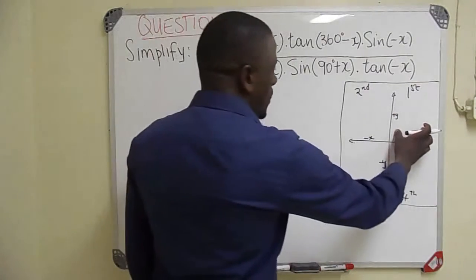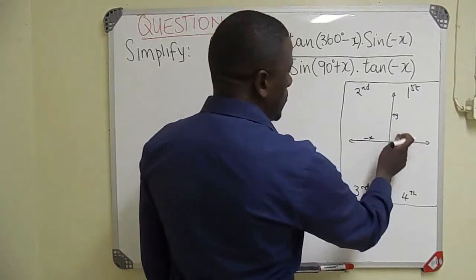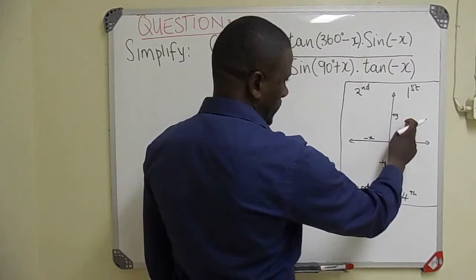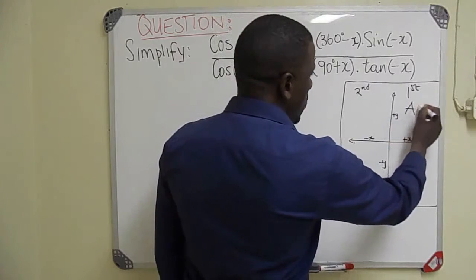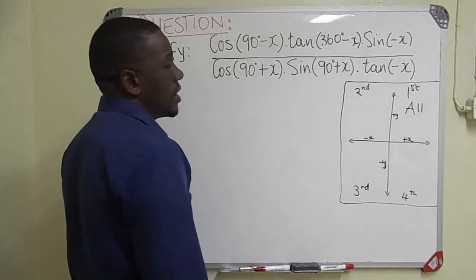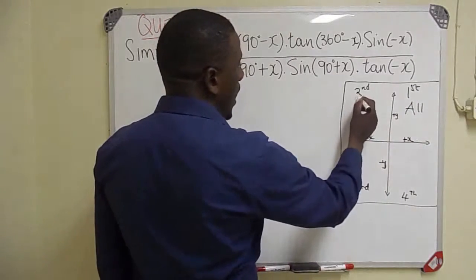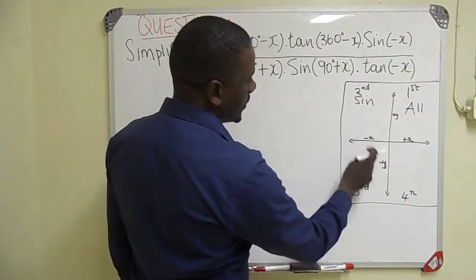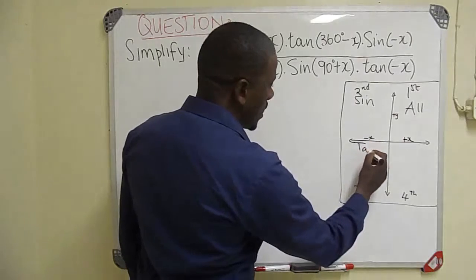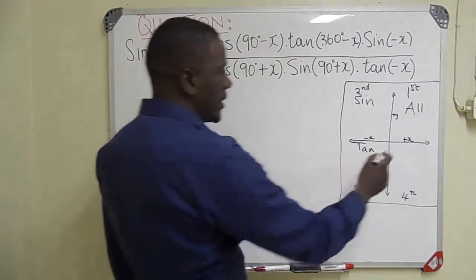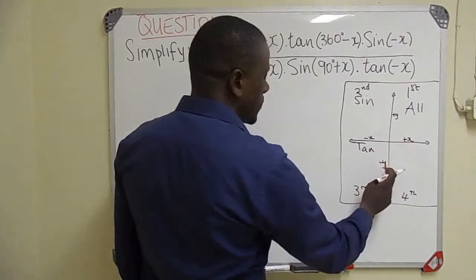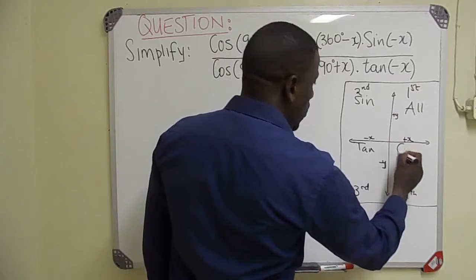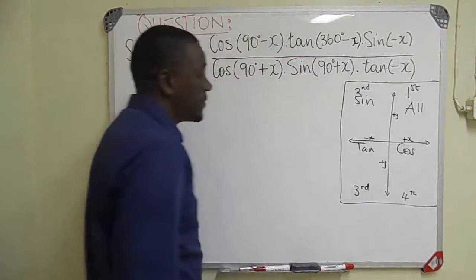So in the first quadrant, since all the sides are positive, all the ratios are positive. In the second quadrant it is sine, and in the third quadrant, because of negative and negative, tan is positive. And then here, positive x, negative y, so the ratio using x only, cos, is the one that is positive.